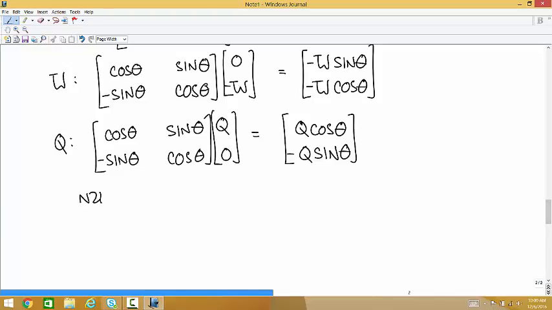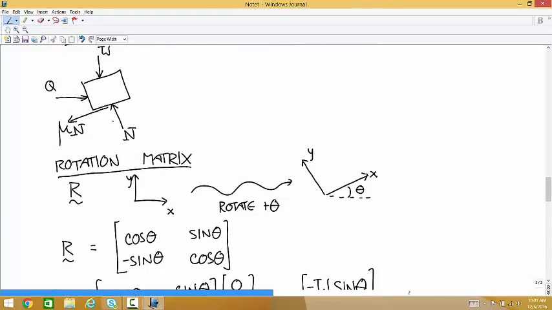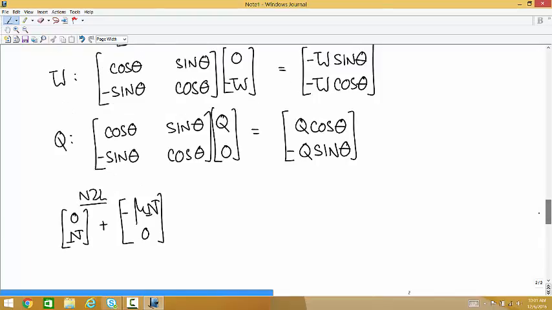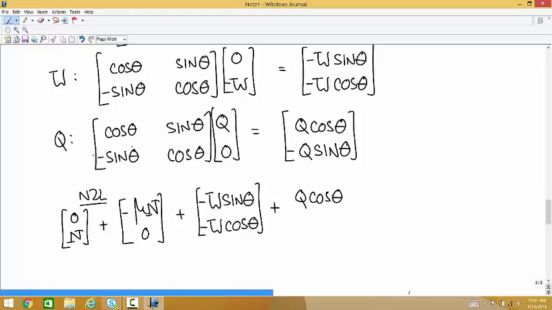And so Newton's second law says 0, N, plus negative mu N, 0, plus negative W sine theta, negative W cosine theta, plus Q cosine theta, negative Q sine theta is equal to zeros.